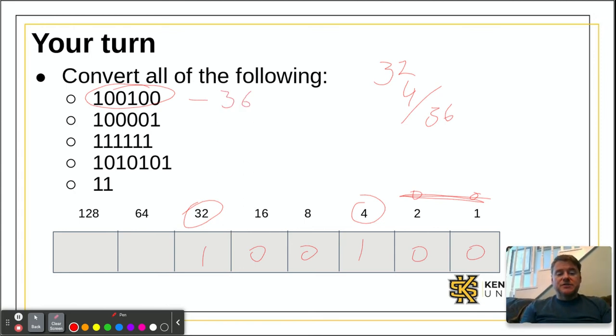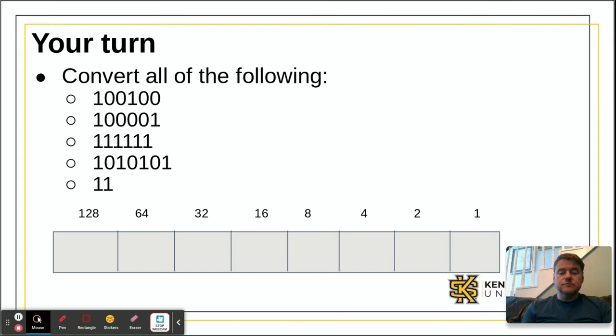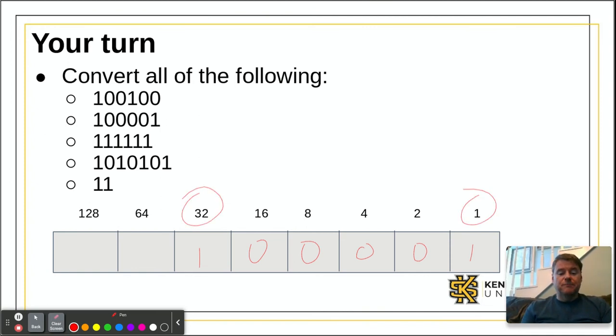The next one is 1, 4 zeros and a 1. So that's going to be a 1 here, 1, 0, 0, 0, 0, 1. So that's going to be 32 plus 1, which is 33.